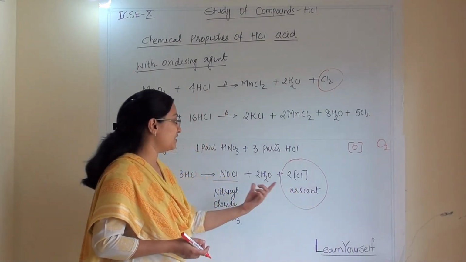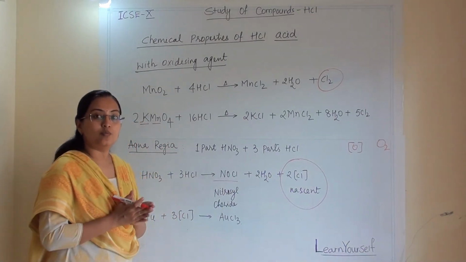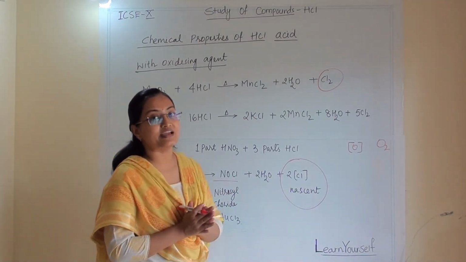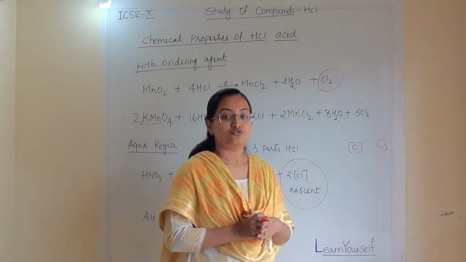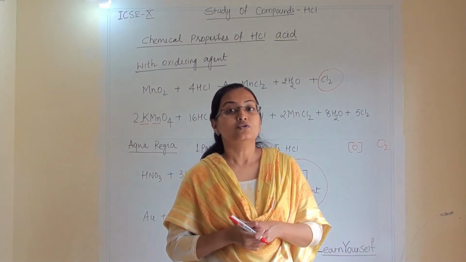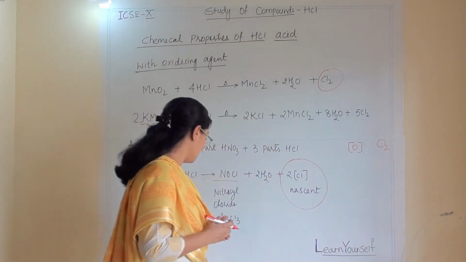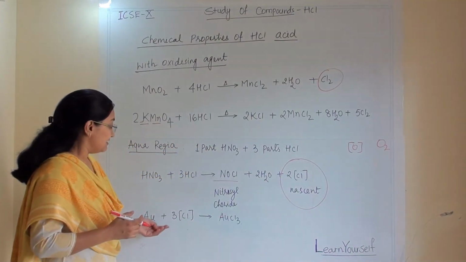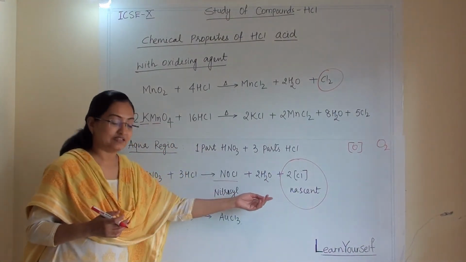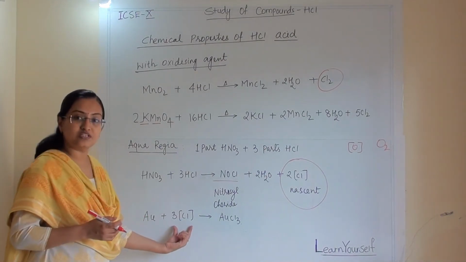This is important when we are dissolving a noble metal. A noble metal will hardly react with any compound. So when we want to dissolve one, what are our noble metals? Gold and platinum are our noble metals. So we can dissolve these noble metals in aqua regia. Why? Because they will react with chlorine.